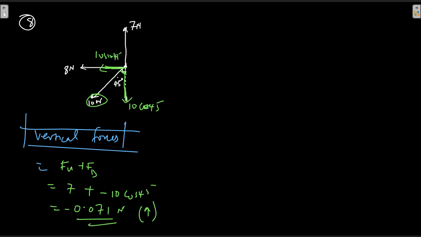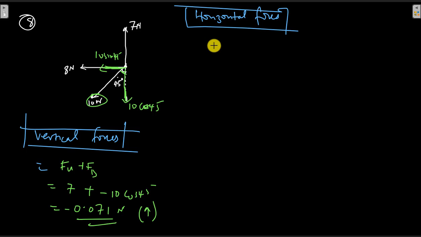Let's also find the horizontal forces. The horizontal forces are equal to forces to the right plus the forces to the left. The forces to the right, we have none, and then the forces to the left, we have 10 sine 45. We also have a force of 8 newtons.